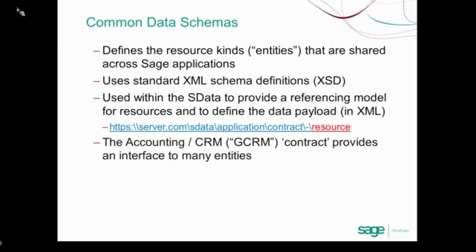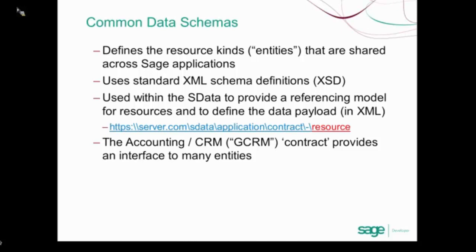There are a number of contract schemas around. Contracts are just groupings of entities that have some sort of logical grouping. So we've got various contracts around accounting and CRM integration. There are other contracts around HR and payroll. Typically, contracts are domain specific, so they collect a number of data entities into a particular contract because they would typically be used in an integration scenario or in some form of data sharing scenario.